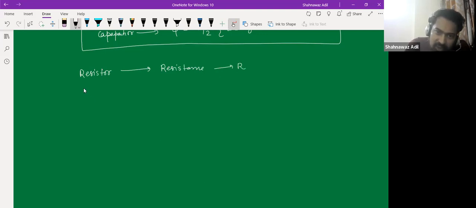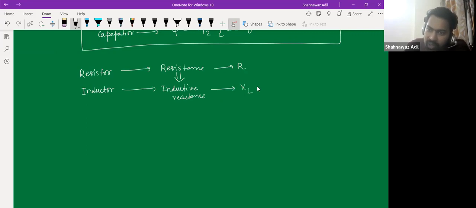For the case of inductor, you have the resistance whose role is played by inductive reactance, and that is represented by XL, which is omega L, where L is inductance.